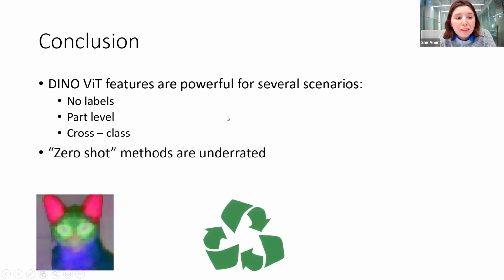Another thing I wanted to emphasize in this conclusion is that zero-shot methods are quite underrated. We have many papers nowadays that train very large models and show that they're able to improve the state of the art. But what we want to offer in this work is to actually take a pre-trained model that someone else has already trained and to distill, to identify the exact properties that it has and other models don't have. Once we identify these properties, we know for which tasks it's going to shine.